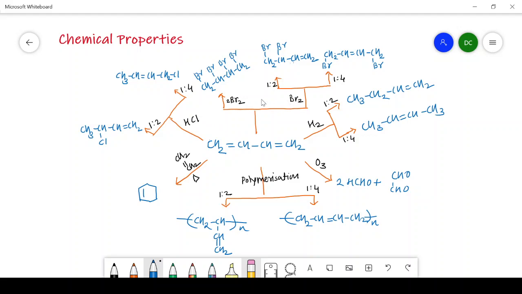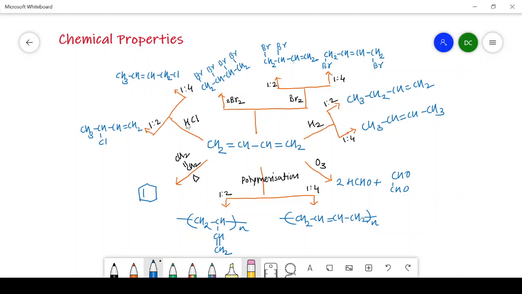With the bromine, it gives 1,2 addition or 1,4 addition, and it also undergoes reaction with 2 molecules of bromine to give a tetrabromo product. Here in 1,2 addition, we get 3,4-dibromo-1-butene, whereas in 1,4 addition, we get 1,4-dibromo-2-butene. With the hydrogen, it gives either 1-butene or 2-butene.